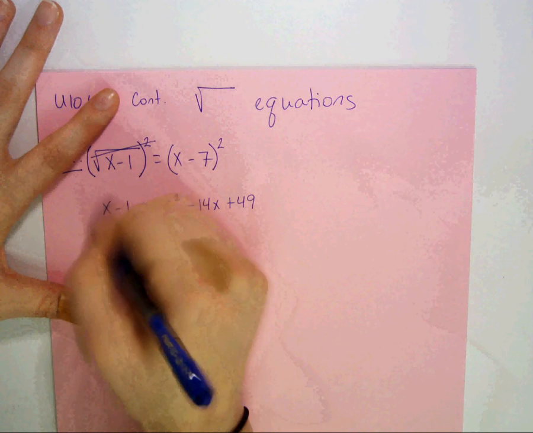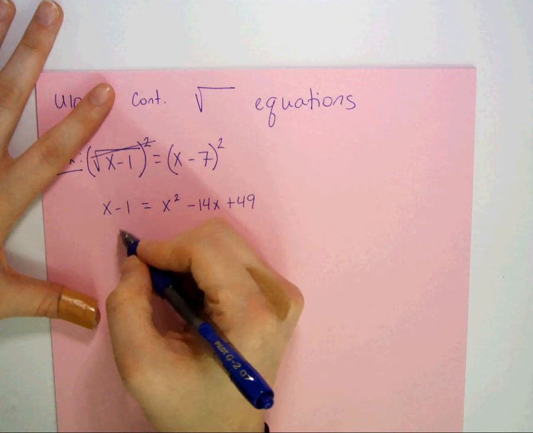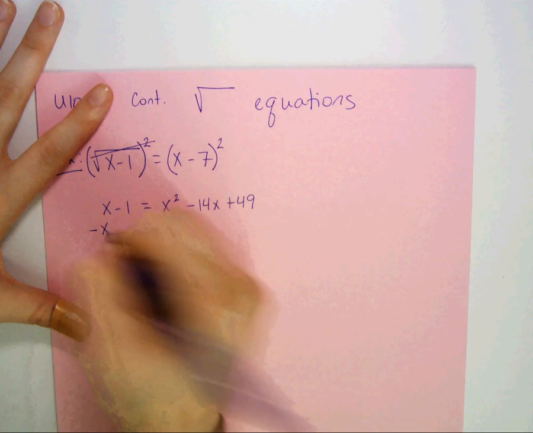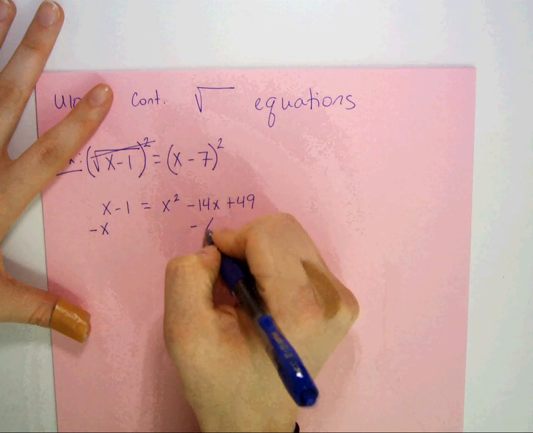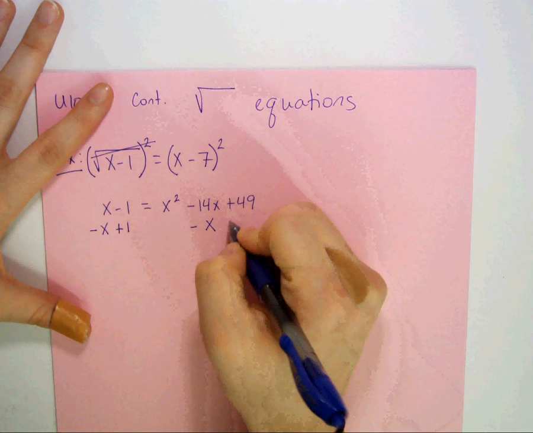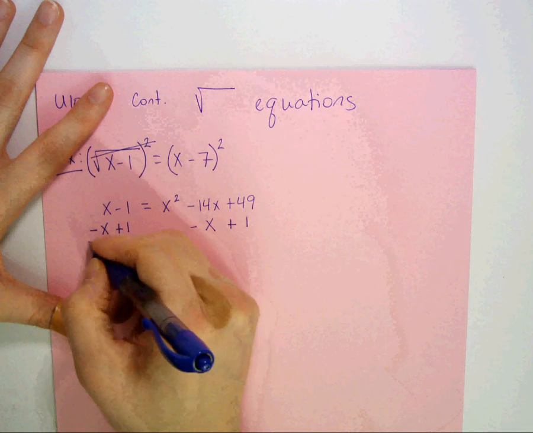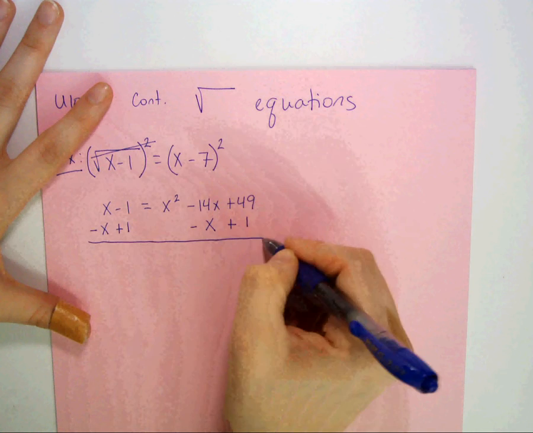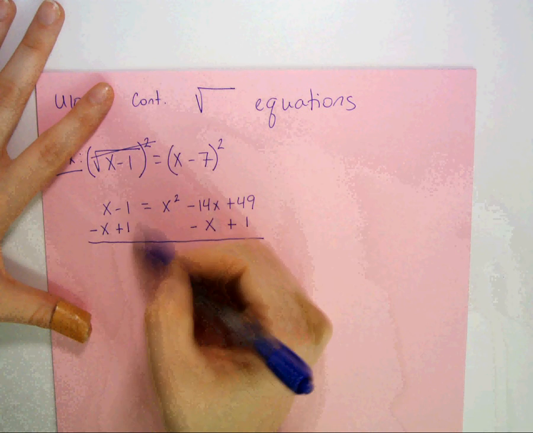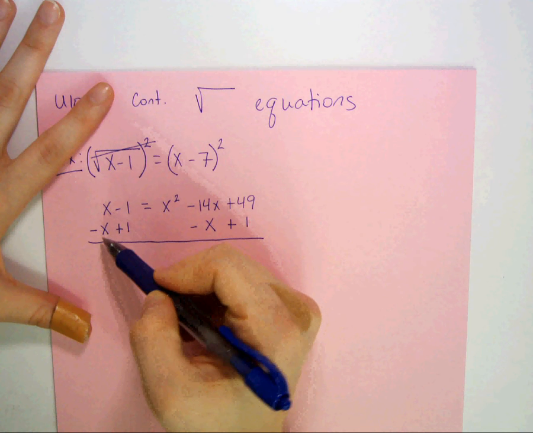So I'm going to move all of this stuff on the left over to the right. So how am I going to do that? I need to subtract x, so I will subtract x. And I need to add 1, and then I will add 1, right? What we do to the left, we always do to the right every time when we're solving equations. So I'm going to check on the left that my stuff does cancel out. x minus x, definitely 0.